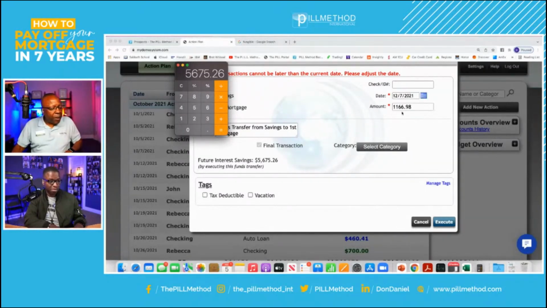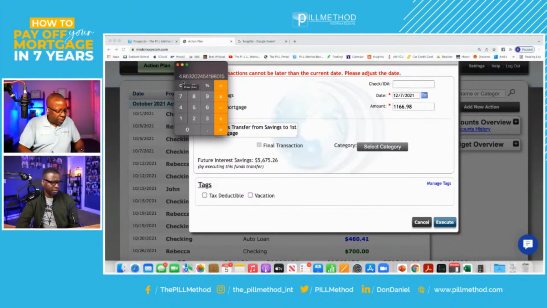So we're going to divide it by this number, $1,166.98. And it comes to $4.86. For every dollar applied here, we're saving $4.86 in interest you do not have to pay.